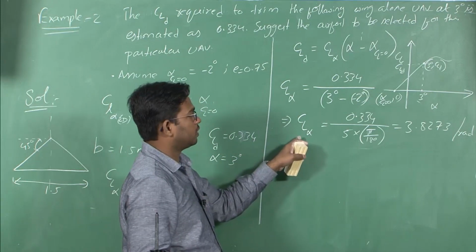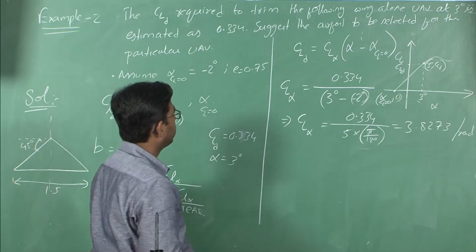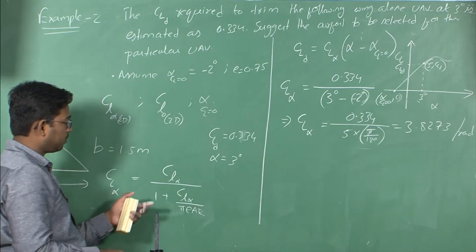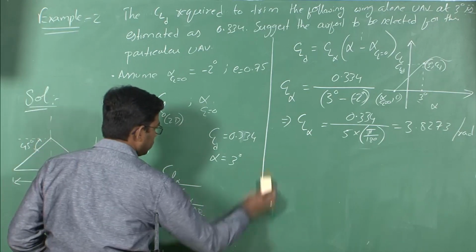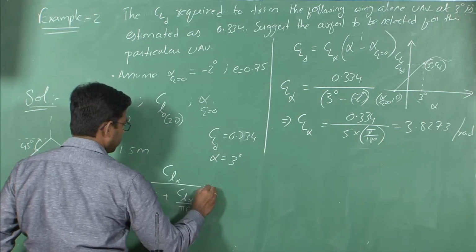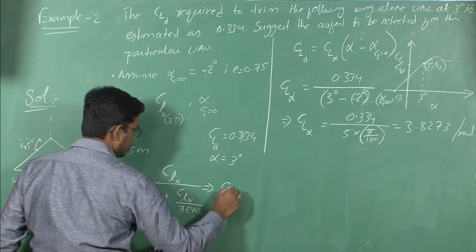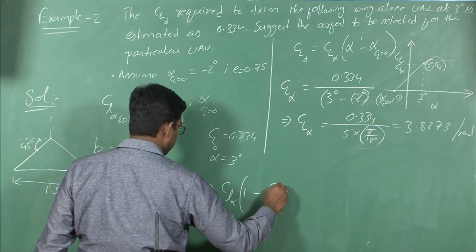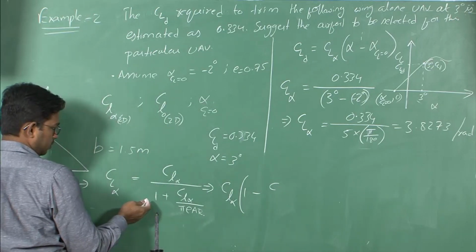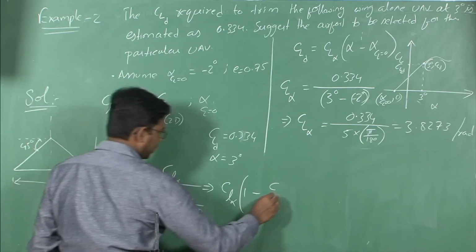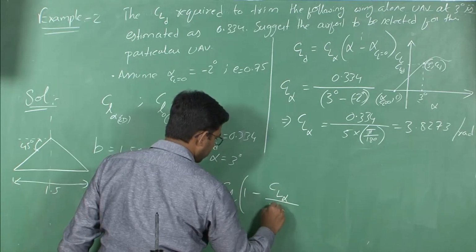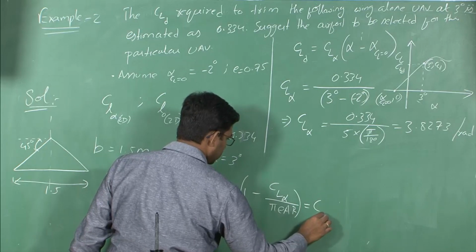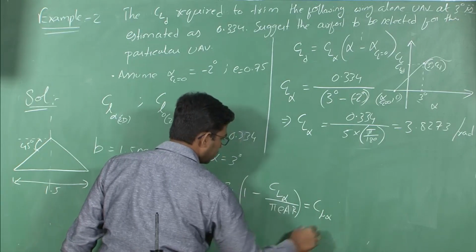Now you have CL alpha 3D. Now can we find out CL alpha 2D from here? So how to do this? Can we manipulate this equation? This implies CL alpha 2D into 1 minus CL alpha 2D divided by pi e AR is equal to CL alpha 3D.